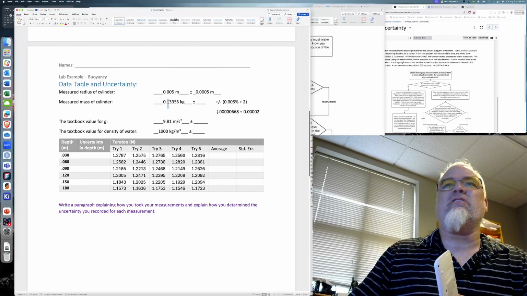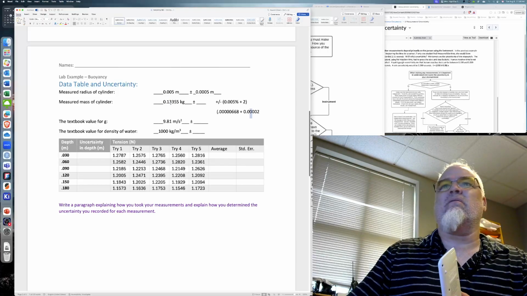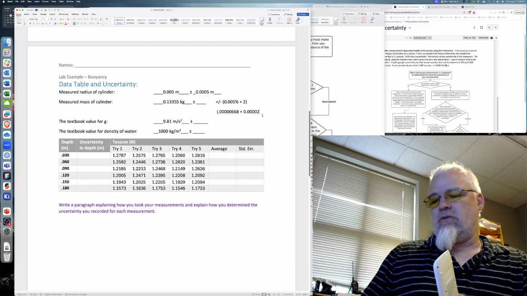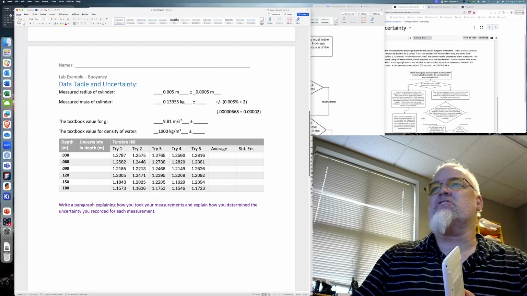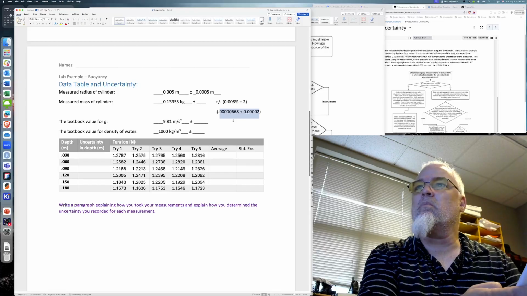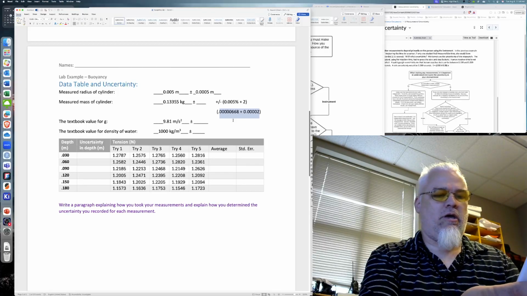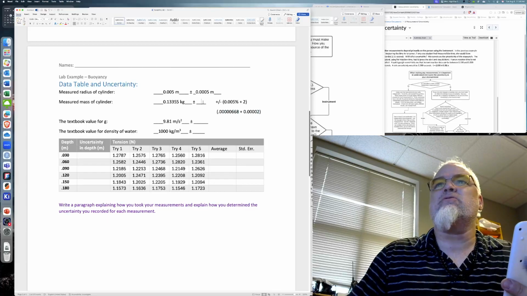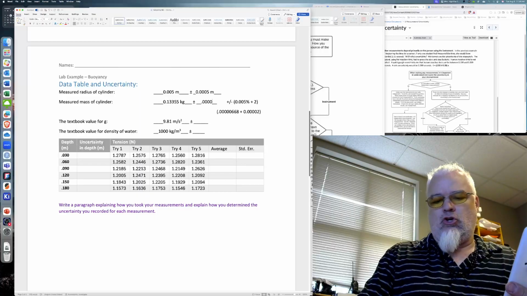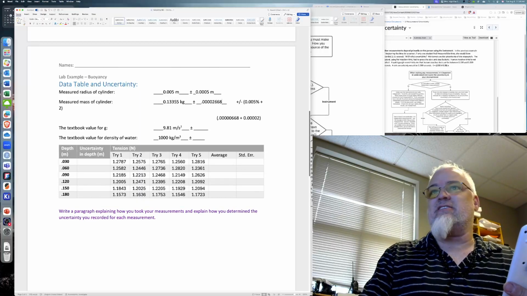Because there's no uncertainty in the 1, there's no uncertainty in the 3, there's no uncertainty in this 3, there's no uncertainty in the first 5, but the last 5 has an uncertainty of 2. So the total uncertainty from the scale is the sum of those two numbers. Okay, and so when I add those two numbers together, I get 0.0002668.